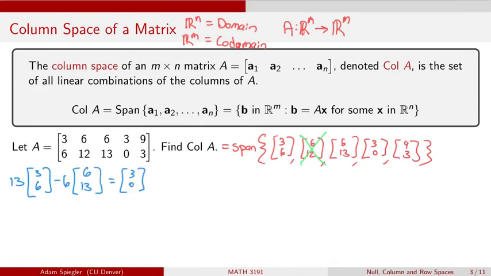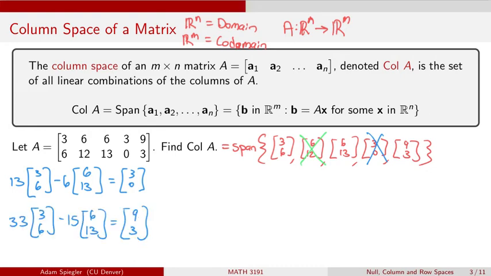Well, we can take a linear combination of the vector (3, 6) and the vector (6, 13) and generate the vector (3, 0). So if I exclude this vector from my set, we're not changing the set of vectors that we can get by taking linear combinations of these vectors.